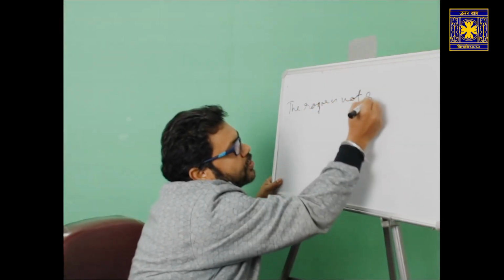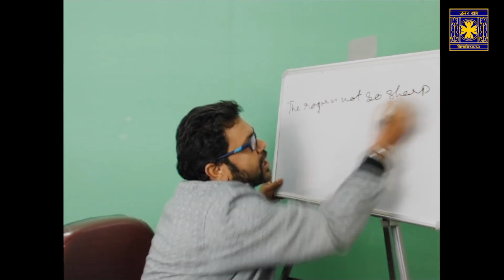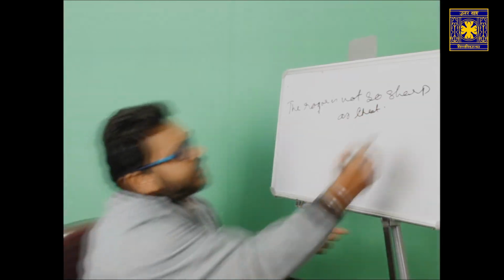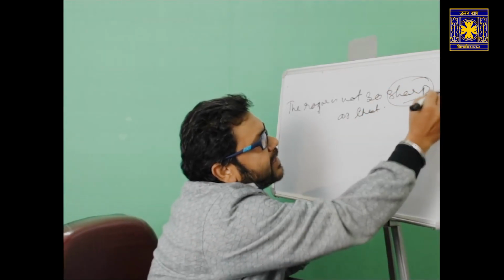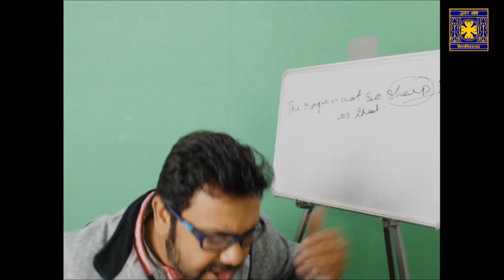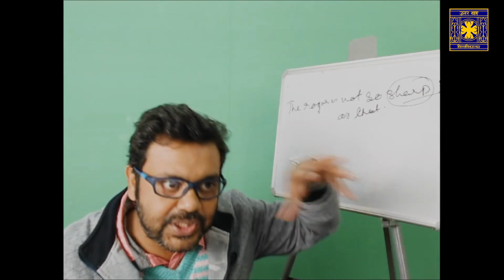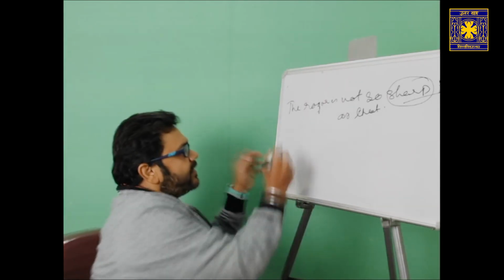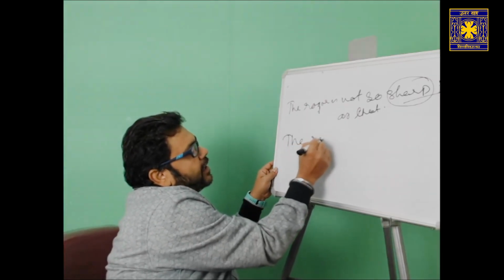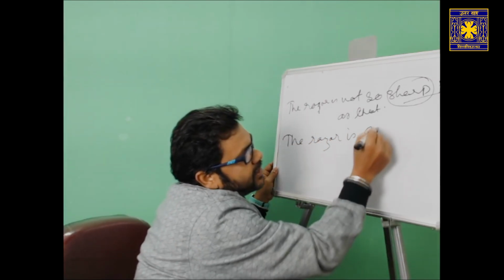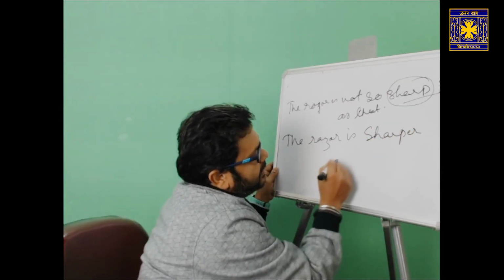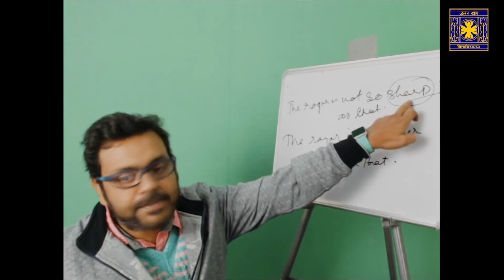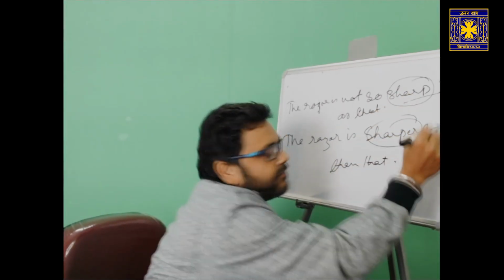So here the adjective is sharp and it is in the positive degree. Now if I transform this sentence into a sentence with an adjective in the comparative degree, it will be: the razor is sharper than that. So it was in positive, this is in comparative.